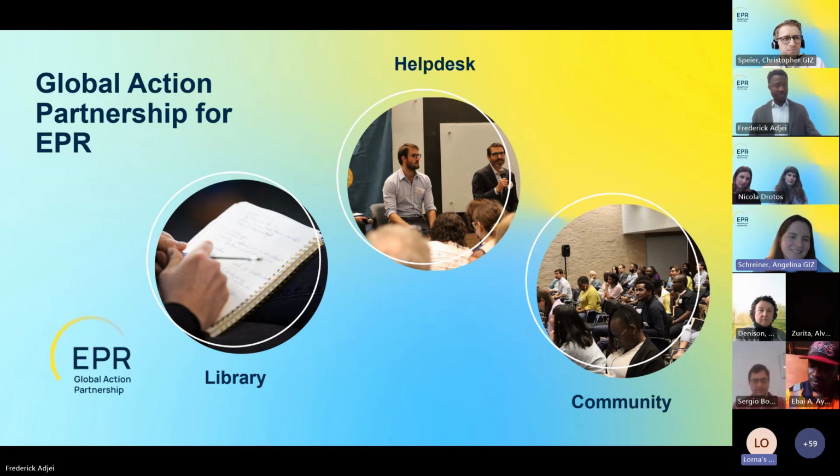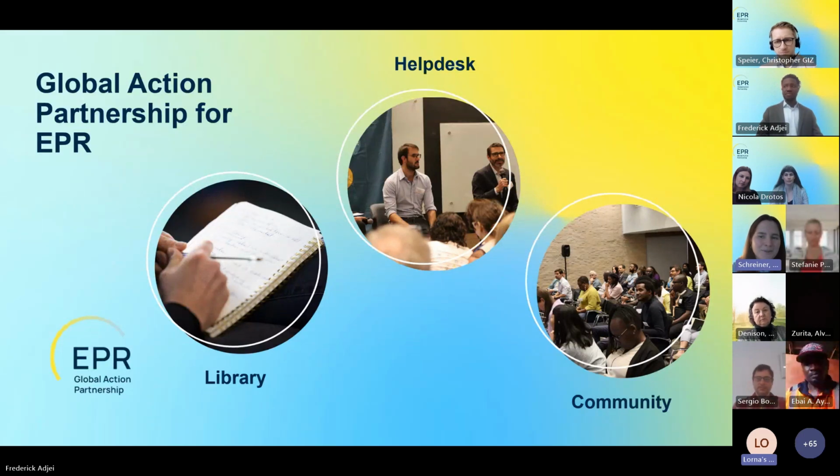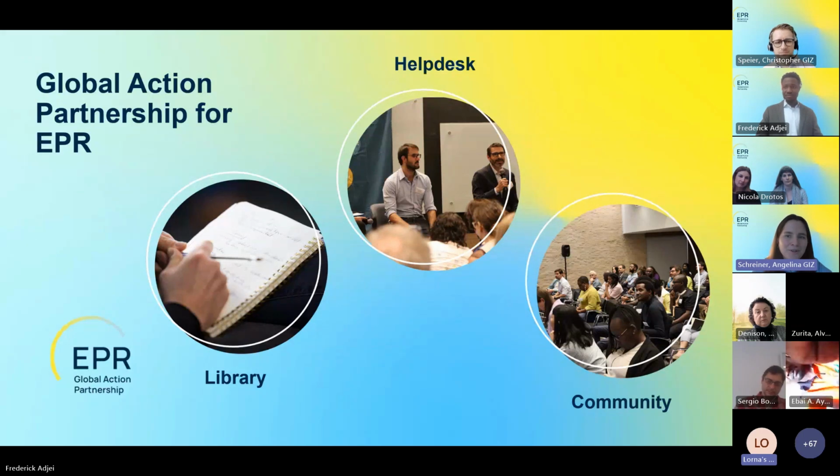This GAP for EPR is hosted by Prevent Waste Alliance, and the partnership also receives circular economy support from the LMAC Alpha Foundation and is also in close collaboration with UNEP on providing technical support to governments and PROs. As you can see on the slides, we currently focus on three main pillars. The first one is the library with all main documents on EPR, like the EPR toolbox, a comprehensive guide on what EPR is and how it can be implemented.